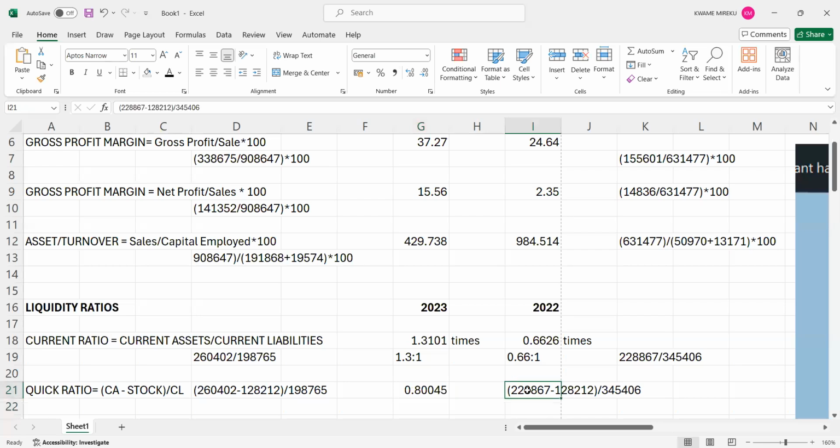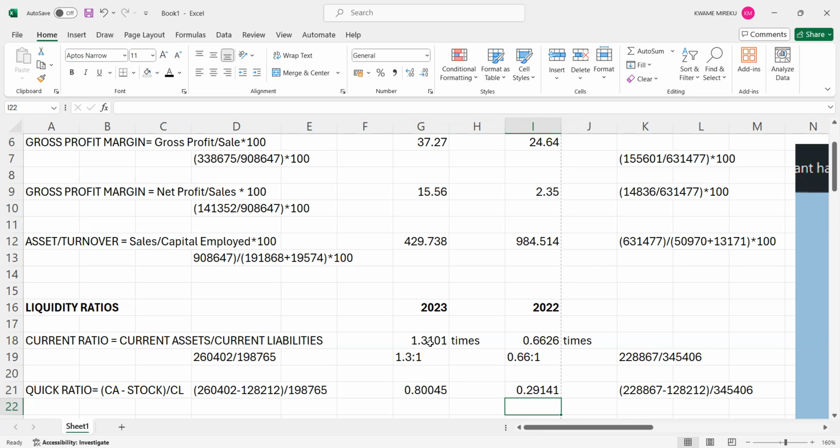Okay, so let me just copy so that I know where the figures were coming from. Okay, so interpretation. In 2023, we could meet our short-term obligation 0.8 times.